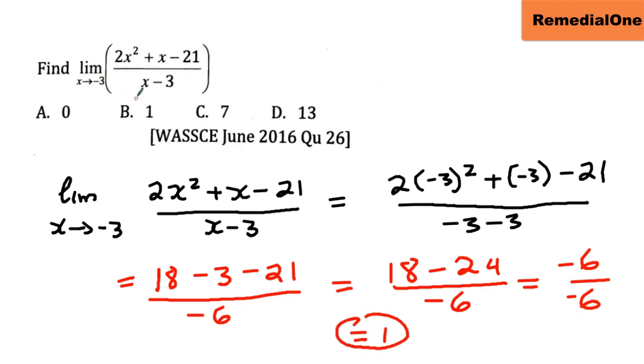So this is a good one. We plug it in right away and we get our answer. Since we didn't get 0 divided by 0, which is undefined, here we are getting a finite solution. This is a good one.